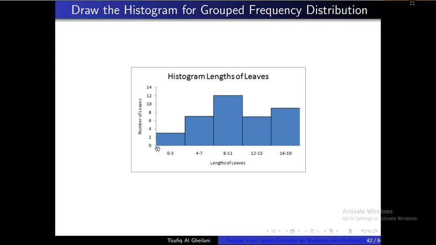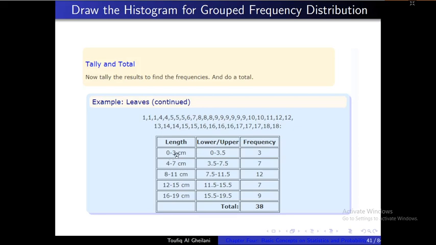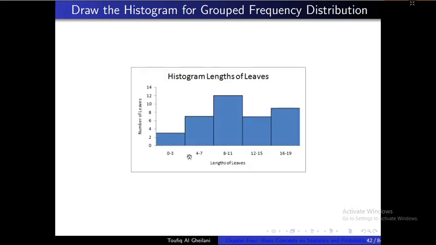We put the classes, the first class 0 to 3, on the horizontal x-axis, and on the y-axis we put the frequency: 0, 2, 4, 6, 8, 10, 12, 14. So the first class, 0 to 3, the frequency is 3, so we make the rectangle with height equal to 3.